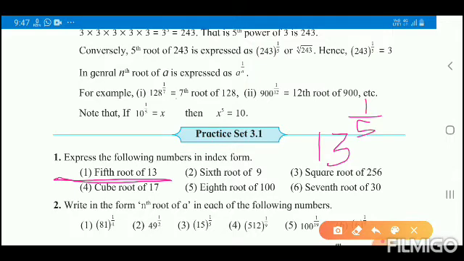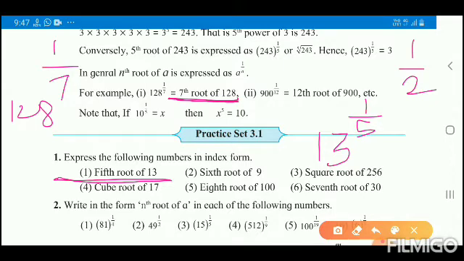Okay, like this. The 7th root of 128 we had written as 128 raised to 1 upon 7. Same way the 6th root of 9, then the square root of 256, square root means 1 upon 2. Okay, the cube root of 17, the 8th root of 100 and the 17th root of 30.